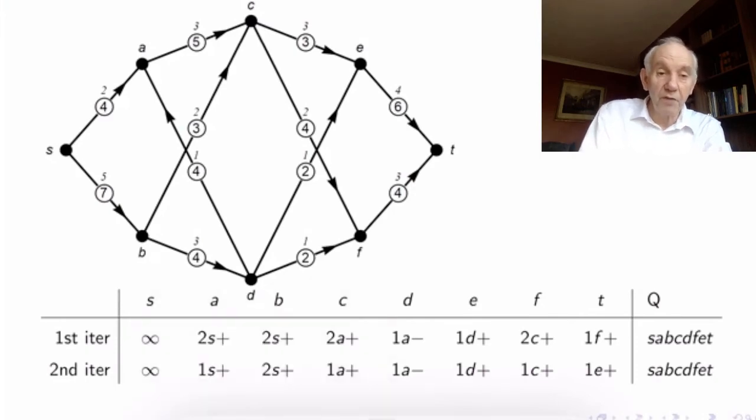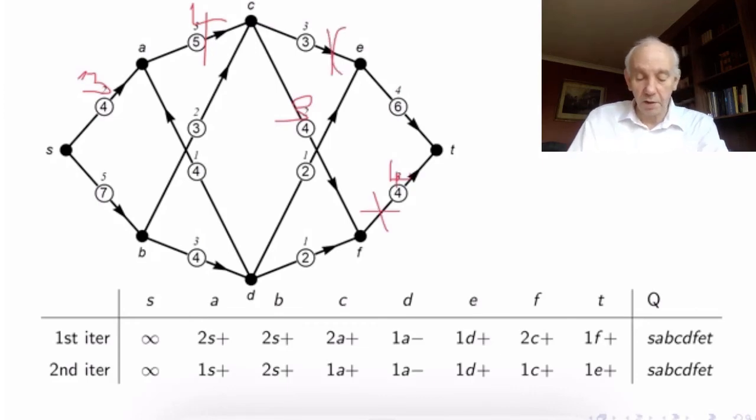There was a flow of 3 here, a flow of 4 here, a flow of 3 here, a flow of 4 here, which means this edge now is saturated, as was this already, and that's it. So we now have to start again and do a second iteration. Let me try and do this a bit more quickly. Some of it's just going to be the same.